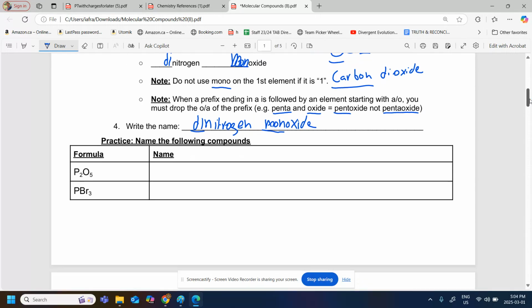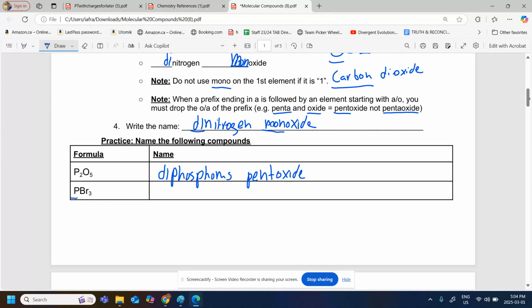So, pause the video, try to name these 2 examples, then unpause the video and see if you named them properly. First of all, you need to remember that these are covalent. You know that because there's only nonmetals in them. For the first one, we have 2 phosphorus, so we have diphosphorus, and then 5 oxygen, so that's pentoxide.